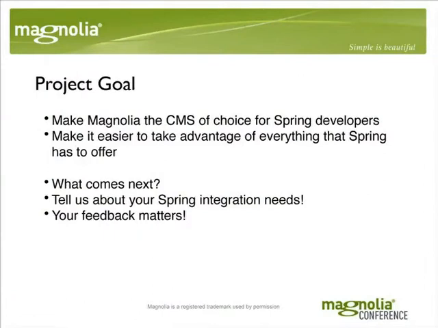So the goal of Blossom was to make Magnolia the CMS of choice for Spring developers, which is sort of an ambitious goal. And also to make it easier to take advantage of everything that Spring has to offer when you're developing websites in Magnolia. Version 1.0 was released in May, and that implemented most of the vision I had when this project was started.